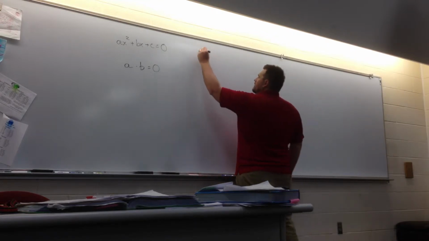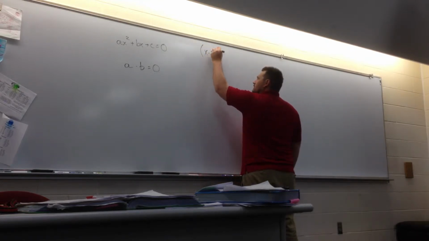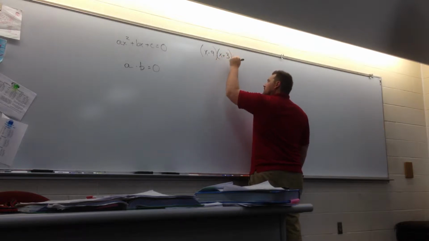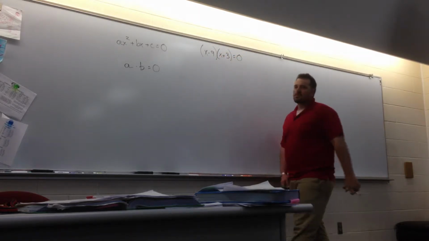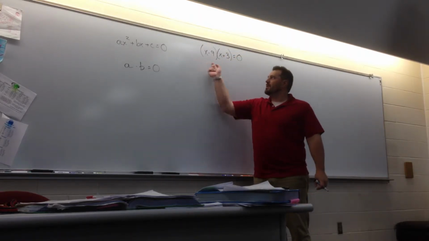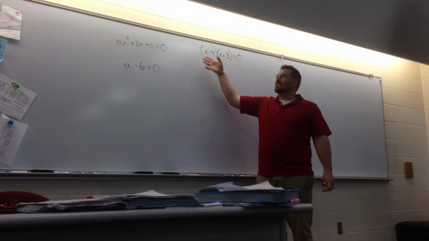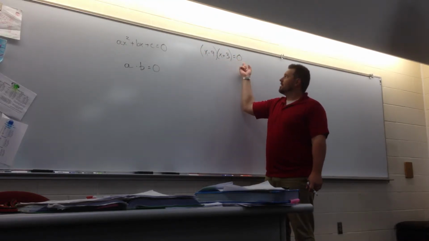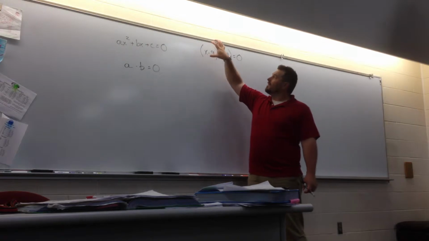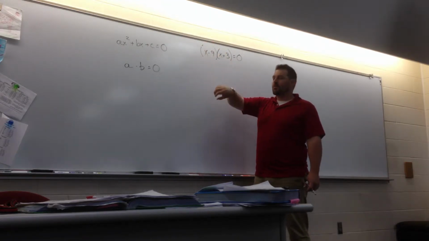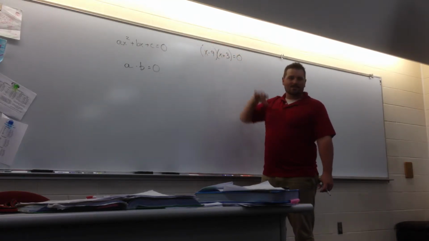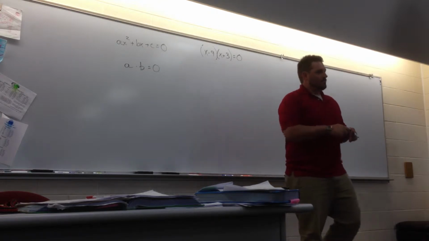Now if we have something that's factored, like this, what I have is a piece of something times a piece of something equaling 0. So that means that this has to equal 0, or this has to equal 0, or both of them have to equal 0.